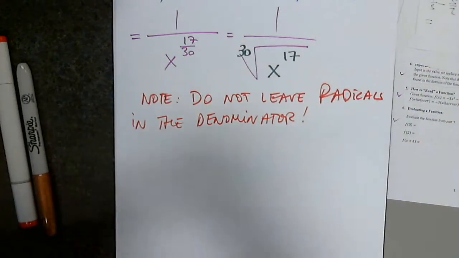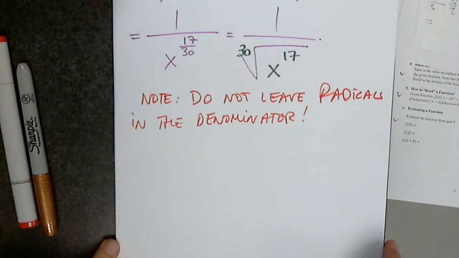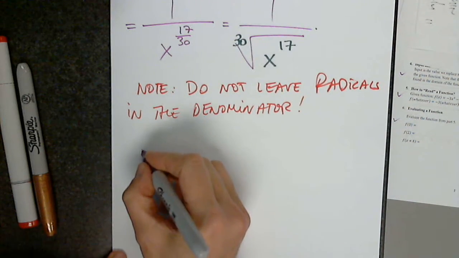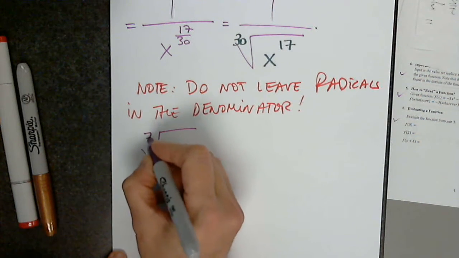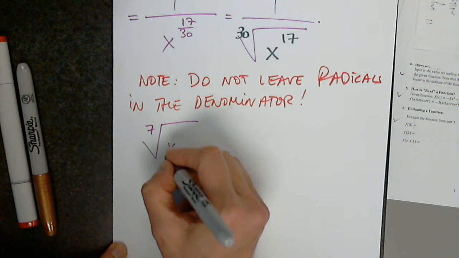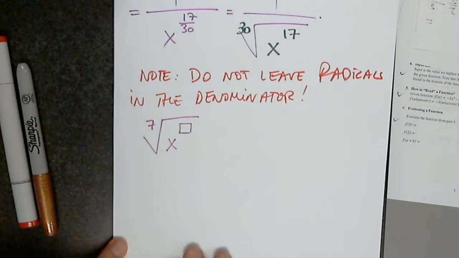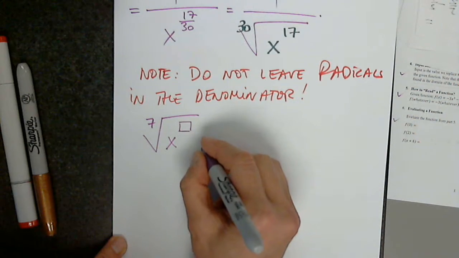Before we come back here and do something, I need to explain. I have, let's say, the 7th root. And let's say I have here x. What number should I have here in this box to get plain x?